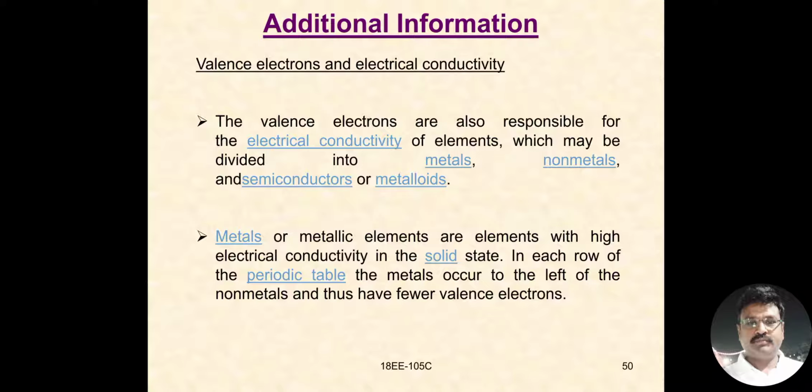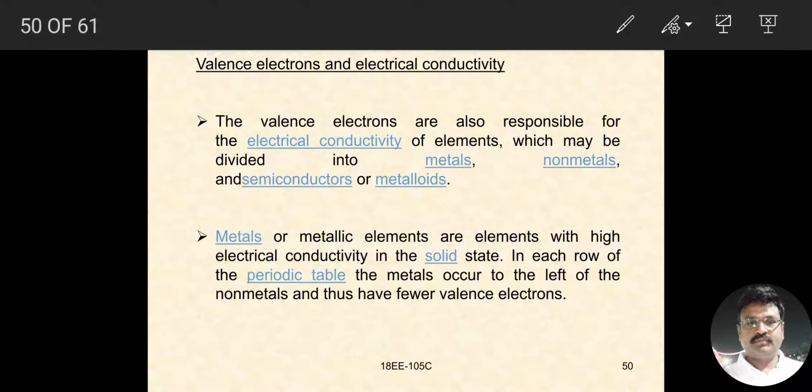Metals or metallic elements are elements with high electrical conductivity in the solid state. In each row of the periodic table, the metals occur to the left of the nonmetals and thus have fewer valence electrons.